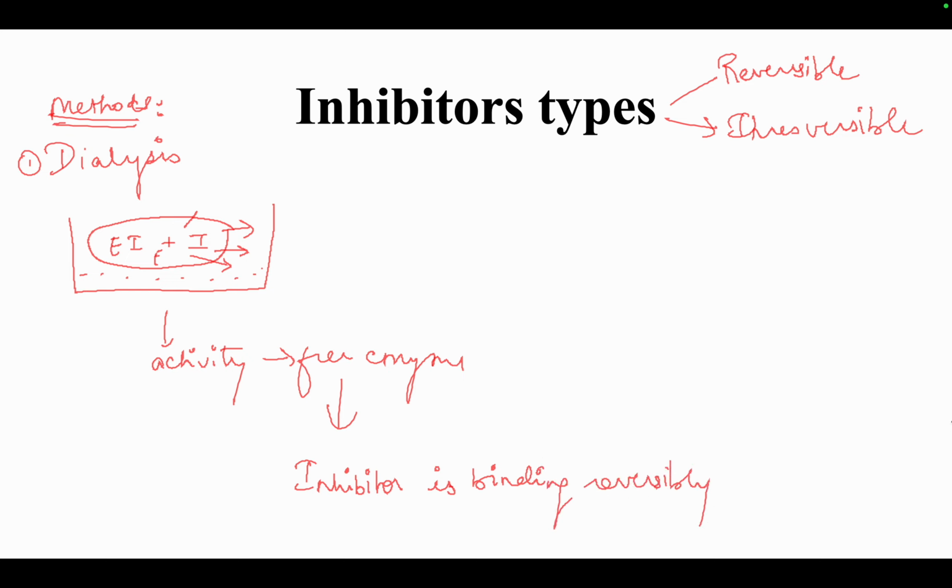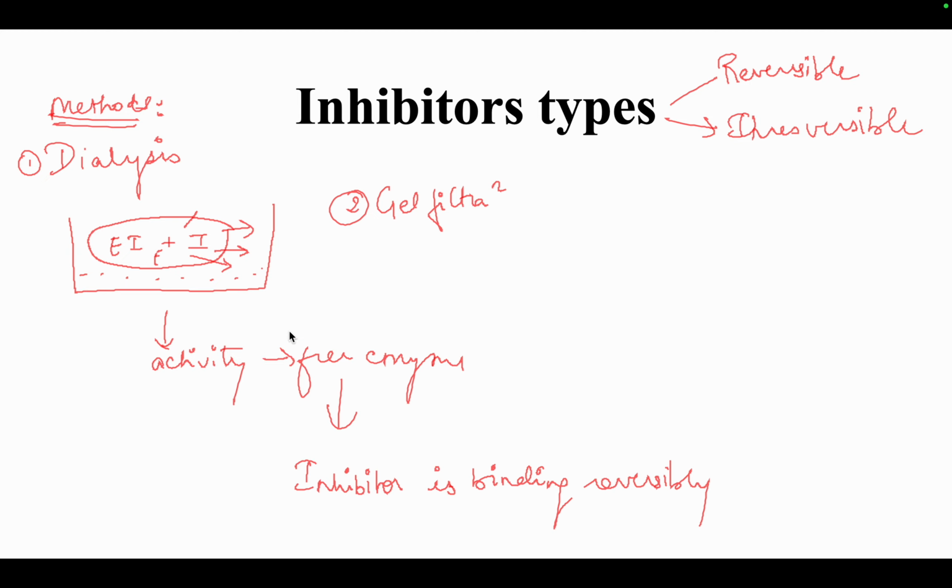If it is irreversible binding, then all the enzyme molecules will be occupied by the inhibitor and there won't be any activity. So if we find any activity, that means that the enzyme and inhibitor complex is reversibly bound to each other. Similarly, we can do gel filtration chromatography also.